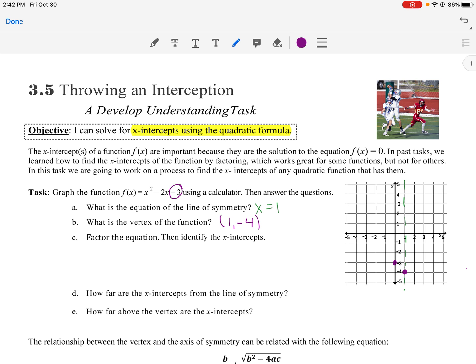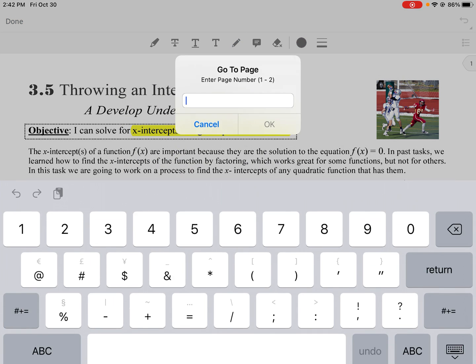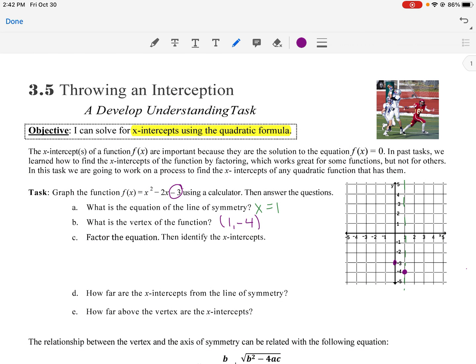You may have already plotted your x-intercepts, but if not, let's just factor it for a second and see where we get them from. So we're looking for what multiplies to negative 3 and adds to negative 2. So we have a negative 3 and a positive 1. Here we can use a shortcut, so we get x minus 3, x plus 1, and this is technically f of x equals that.